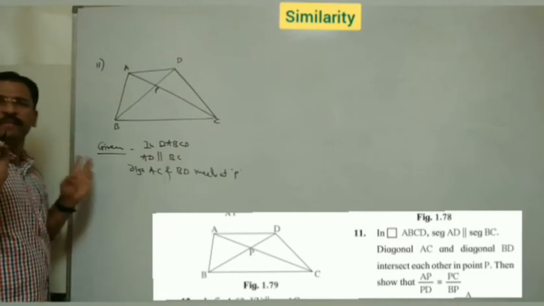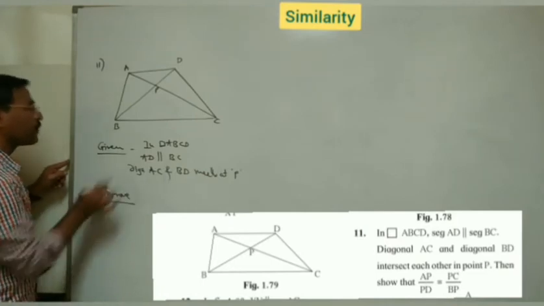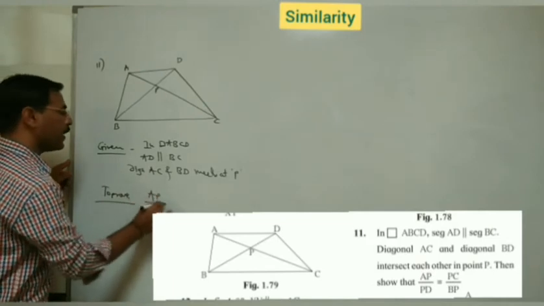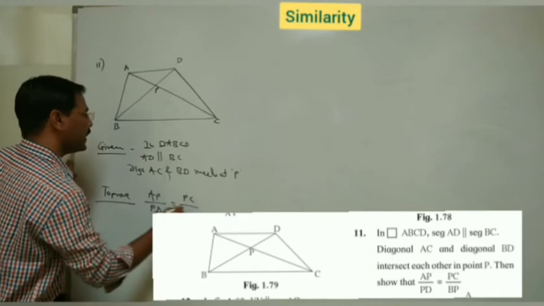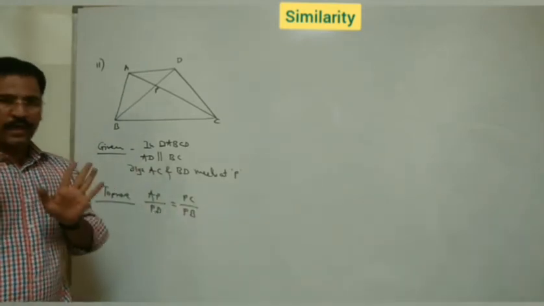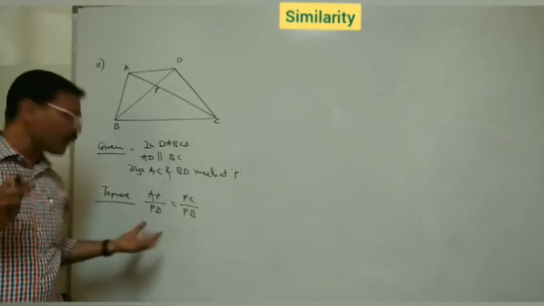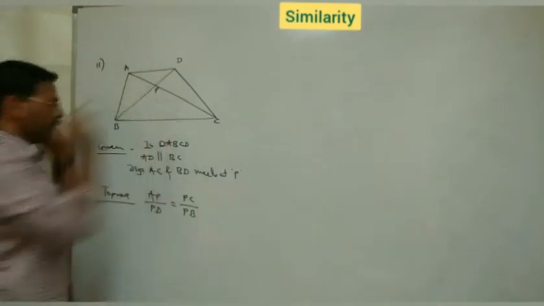But this much is the information given to us. So what do we have to prove here? AP upon PD equals PC upon PB. Just try to observe here what you have to prove. Look here. AP, PD, PC, PB.